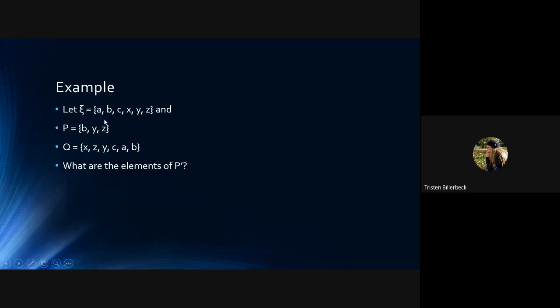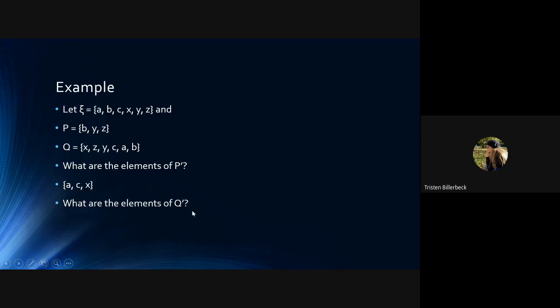We look at P and we look at the universal set. P doesn't have A, and it doesn't have X, and it doesn't have C. It just has the B, the Y, the Z. So the complement of P would be A, C, X.